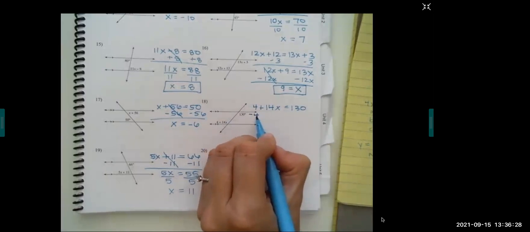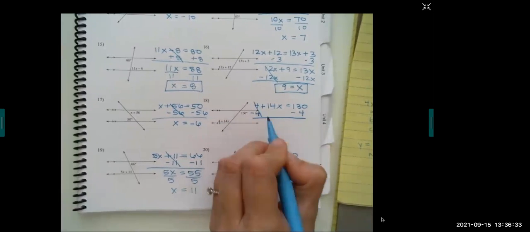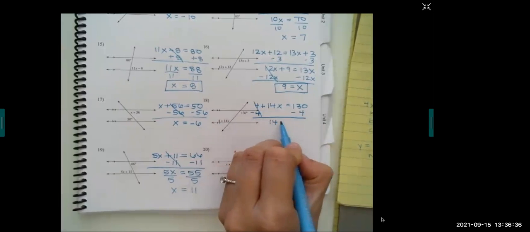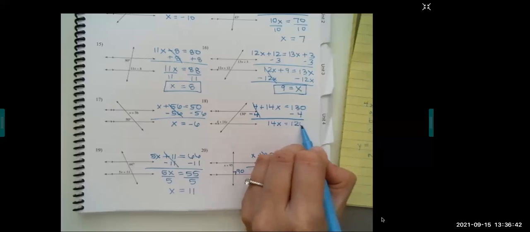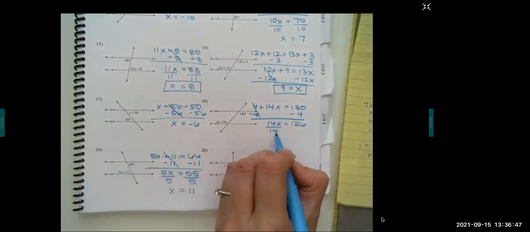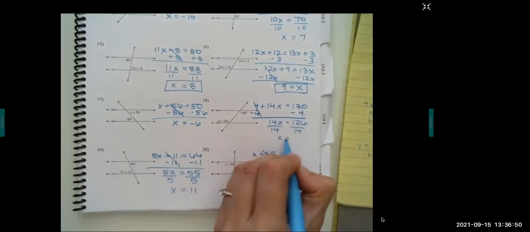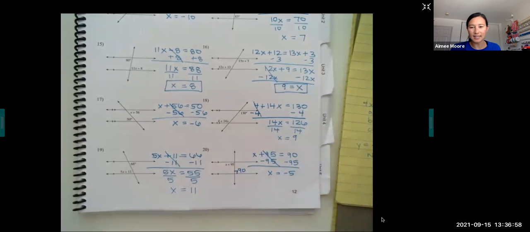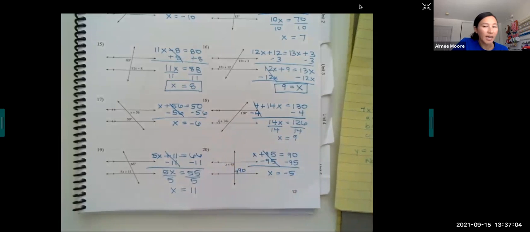Then subtract 4 on both sides, and 130 minus 4 would give you 126. Good. And then 126 divided by 14 gives you 9. Good. Excellent, Dakota. Thank you. All right. Any questions on alternate interior angles?